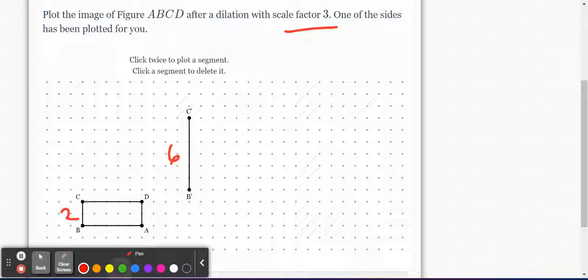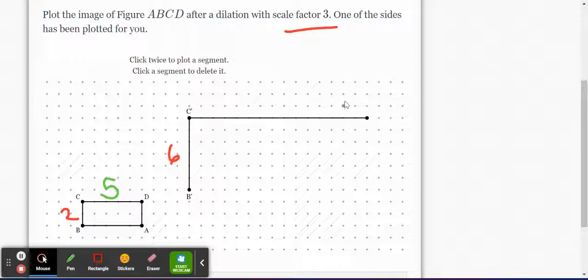So this one right here is 1, 2, 3, 4, 5. So if this is 5, that means this has to be 15. So I go 1, 2, 3, 4, 5, 6, 7, 8, 9, 10, 11, 12, 13, 14, 15. Boom.